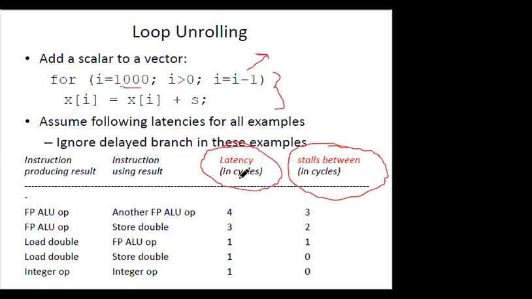We have discussed that latency is the time taken from the starting to the ending of the instruction, and stalls are the period for which the instruction has to wait for some input from another instruction. So that is basically a stall. It has to be in cycles also.